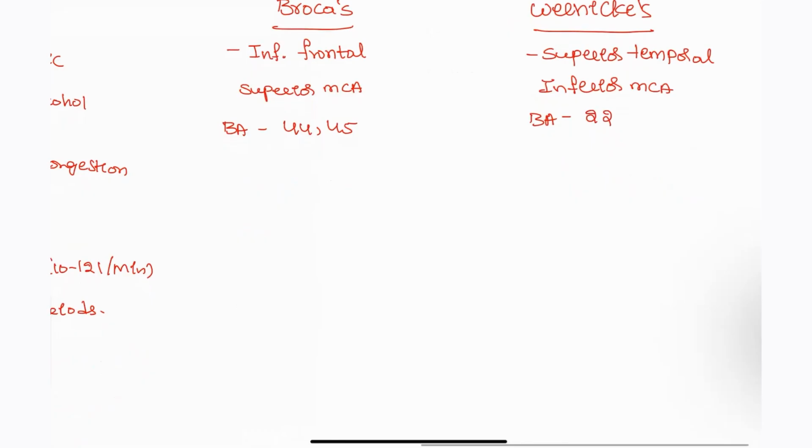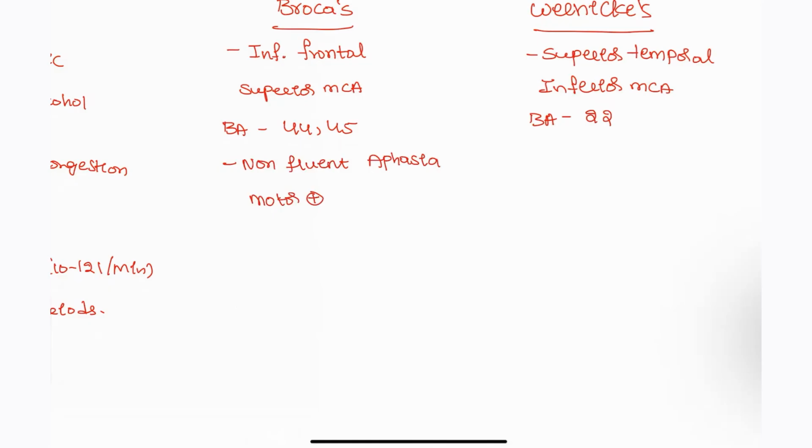Next, important points about Broca's aphasia and Wernicke's aphasia. So when I say aphasia, those who are suffering from Broca's will be having non-fluent aphasia. So it is associated with non-fluent aphasia. That means the patient's motor ability will be involved.